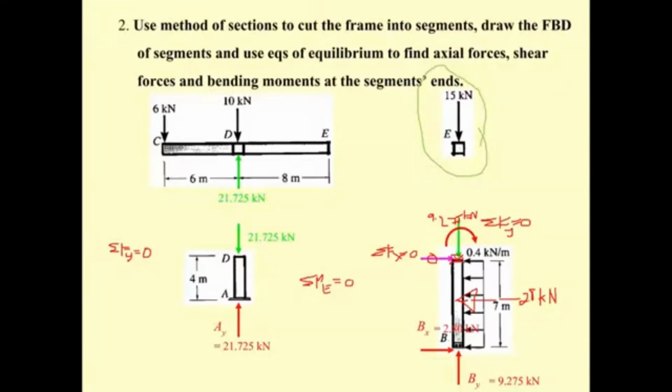You will get the 2.8 in this direction. The 2.8 is going to be in this direction. However, this one is going to be in this direction. So the M sub E will be plus 2.8 times this one, 3.5, plus 2.8 times this one, 3.5, and they go together.